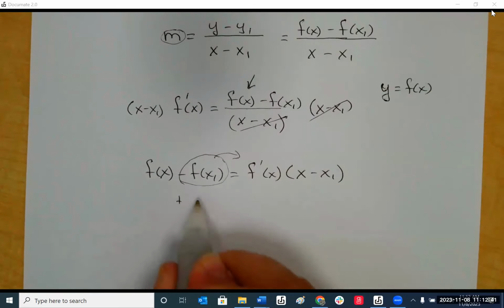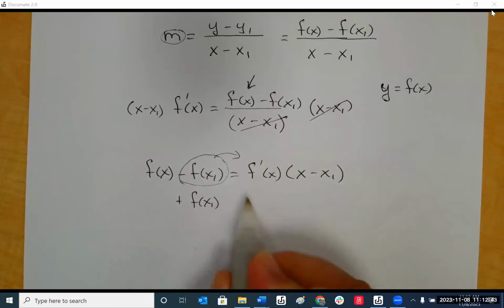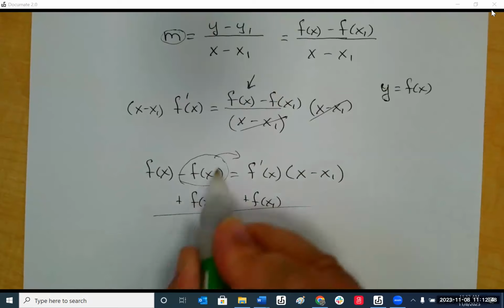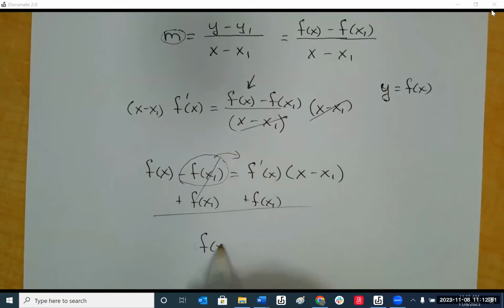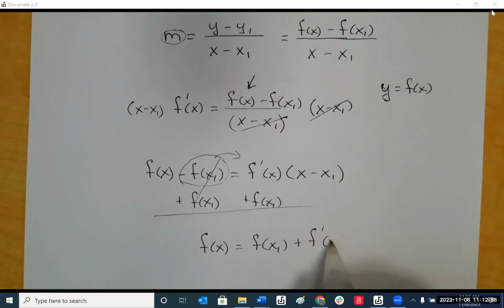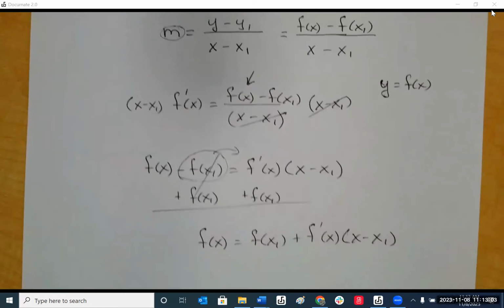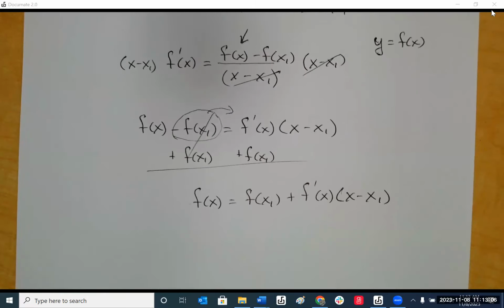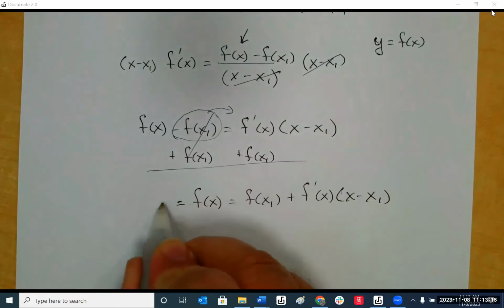So we add f of x1 to both sides. And remember, f of x is the same thing as y.